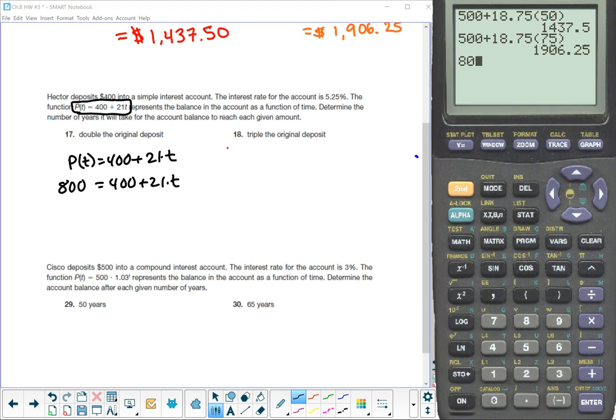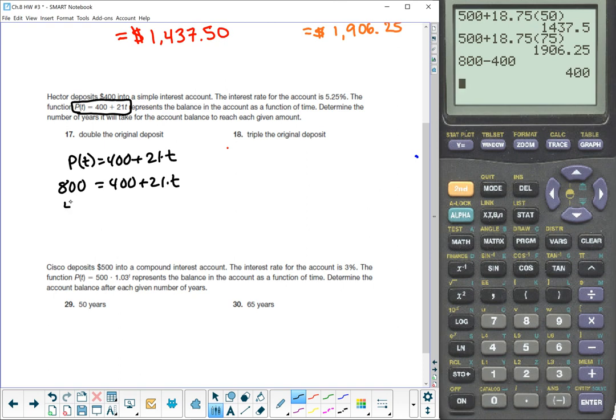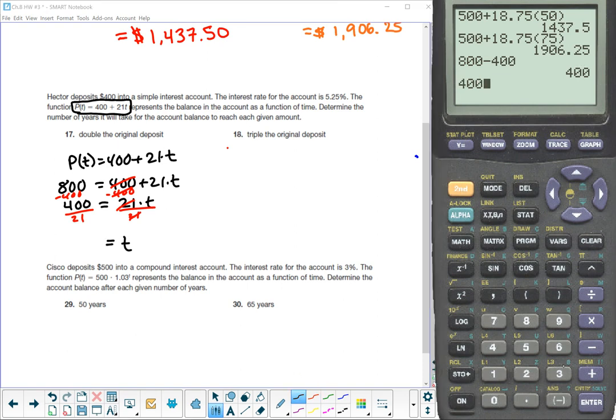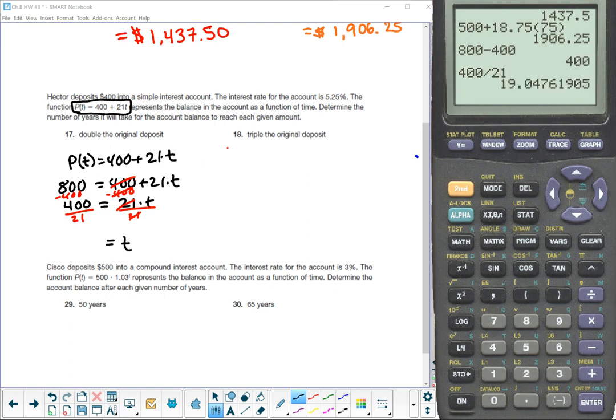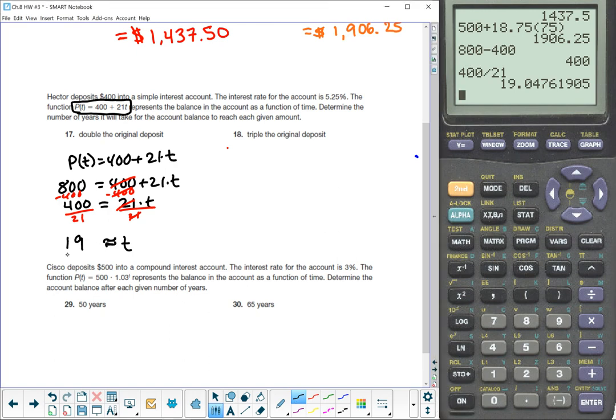So 800 minus 400, you can do that in your calculator or in your head, is 400 equals 21T. I took away 400 already, so that cancels. Then I'm going to divide this by 21. That's going to cancel and give me my T. So T equals 400 divided by 21, which gives me 19.04. So we'll say approximately 19 years.